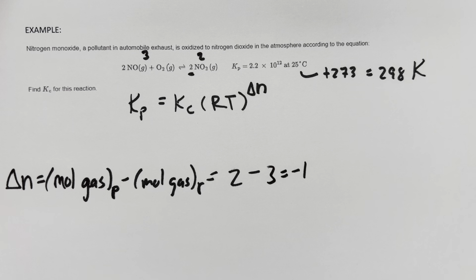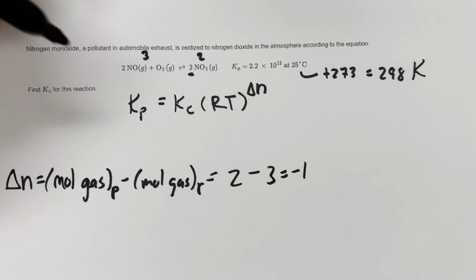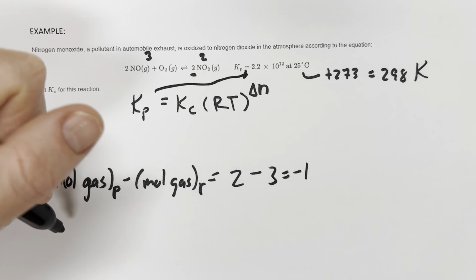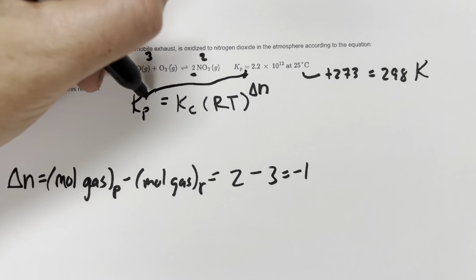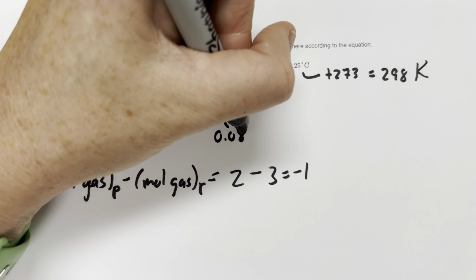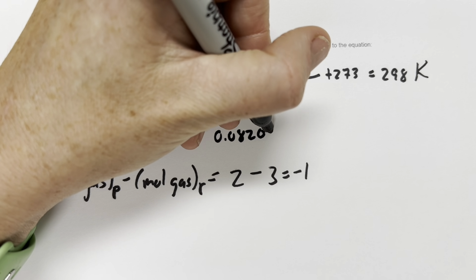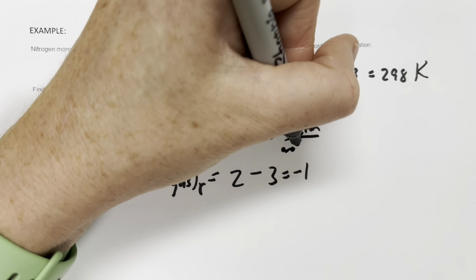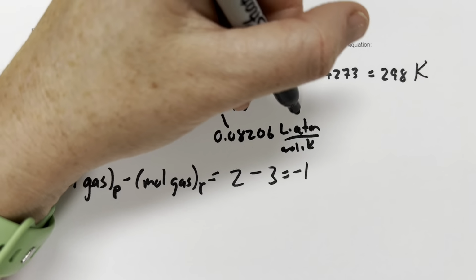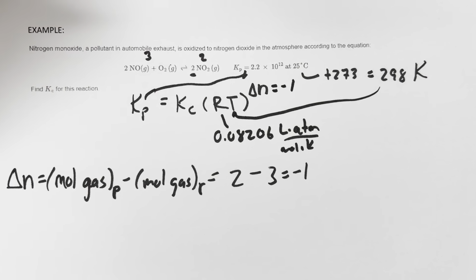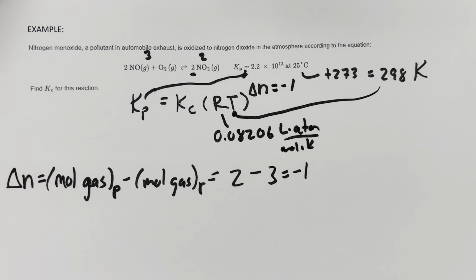That's how we're going to solve for our moles of gas. All right, now we can just plug and chug. We know our Kp is that, our Kc we don't know. R is 0.0821 liter atm over mole Kelvin. And then we know our T is that, and we know delta n is negative 1 now. So we can just plug everything in.